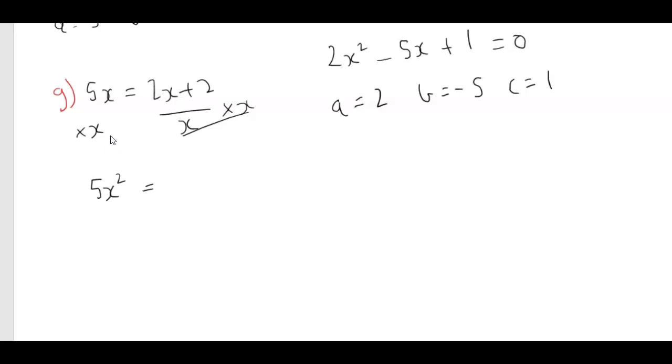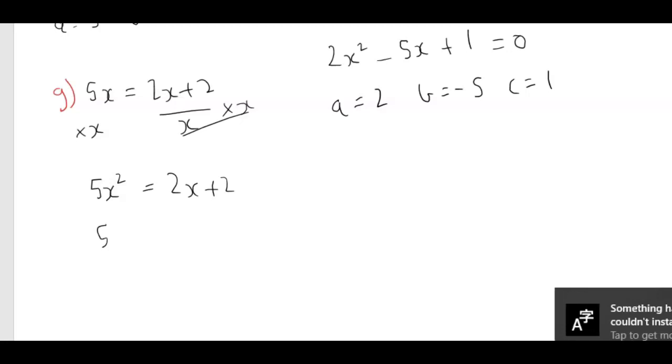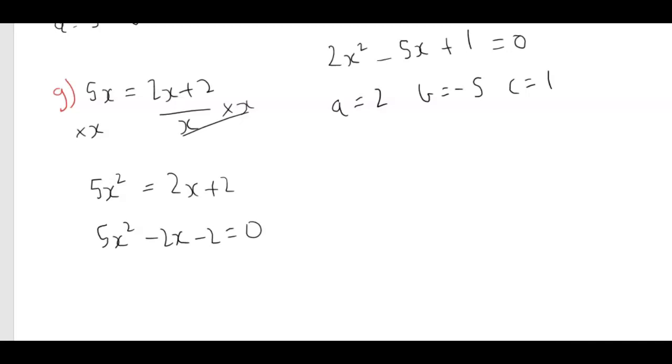And then we've got 2x plus 2 on this. It's funny how I say one thing and then I write another thing. So 2x plus 2. And then let's bring that 2x over and that 2 over. And then we've got 0. So now it is in expanded form. So A equals 5, B equals negative 2, and C equals also negative 2.